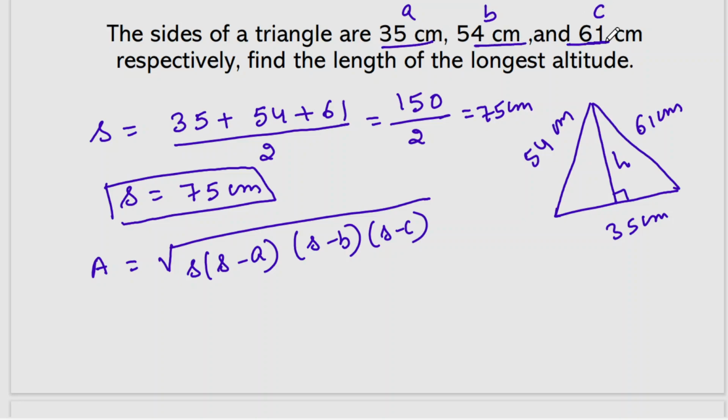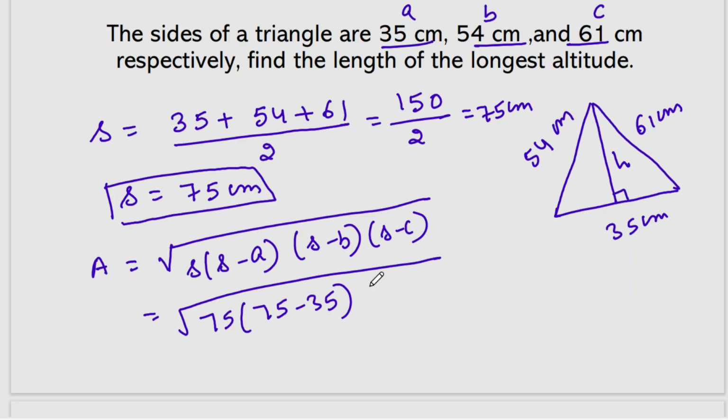So S is your 75: 75 minus 35, 75 minus 54, and 75 minus 61. I think we have done something wrong.